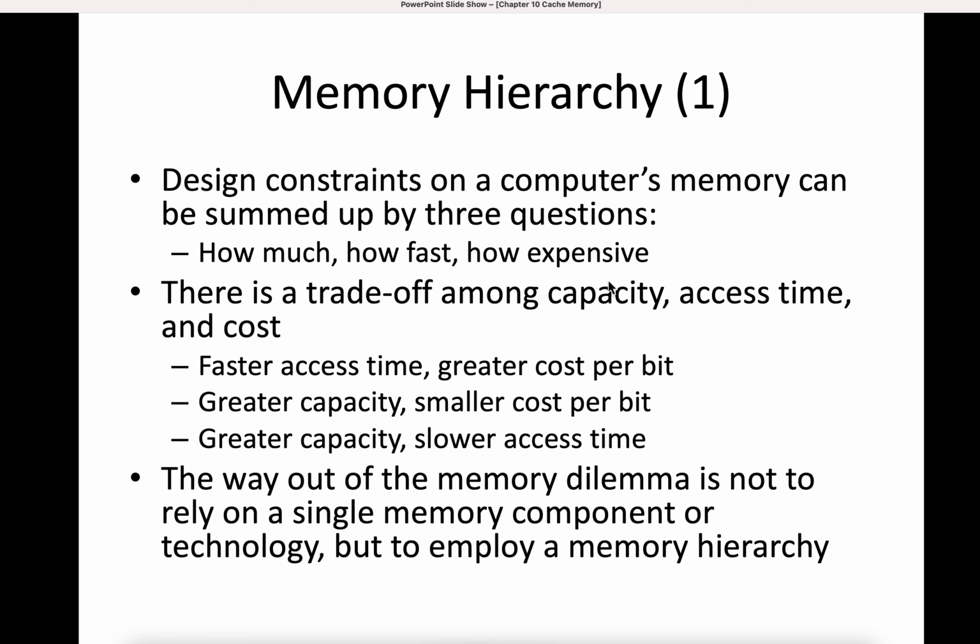So these 3 questions came up with 3 main characteristics, which are capacity, access time, and cost.